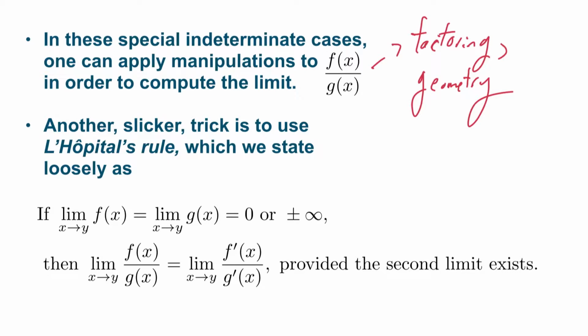So what L'Hopital's rule says is, if the limit as x goes to y of f of x equals the limit as x goes to y of g of x equals 0, so if they're both 0 or both infinity, then if I want to evaluate this ratio, which will be indeterminate, 0 over 0 or infinity over infinity, something I can do instead is simply differentiate f and differentiate g and then take the limit of that ratio.